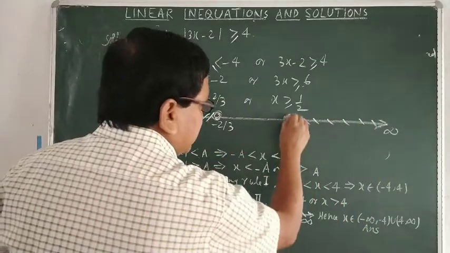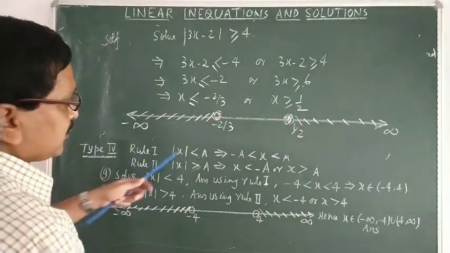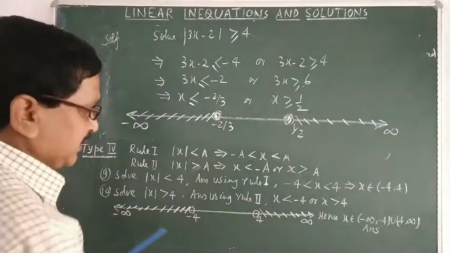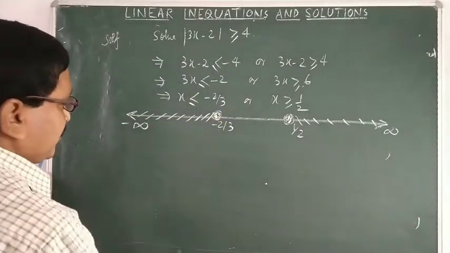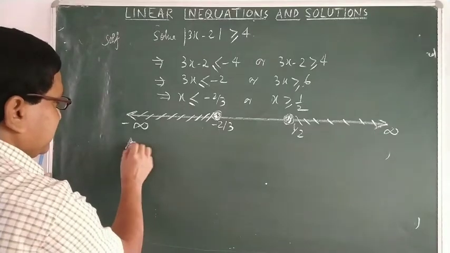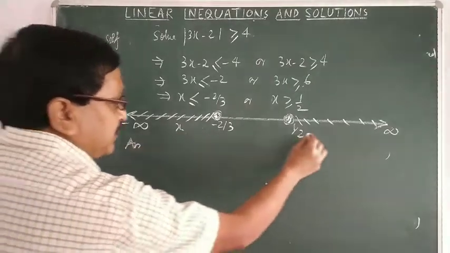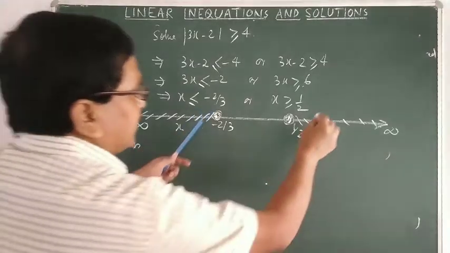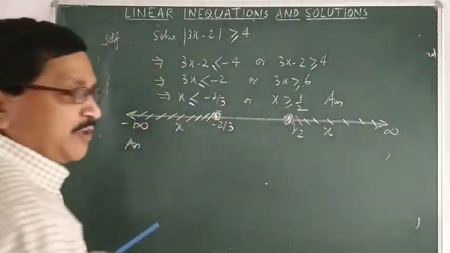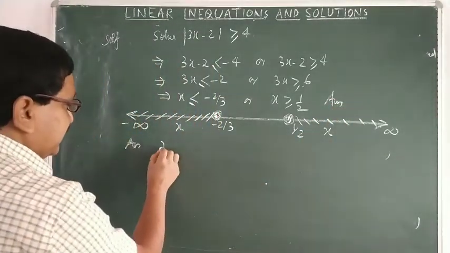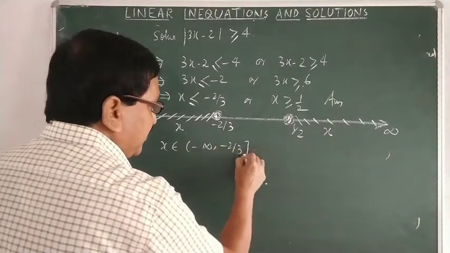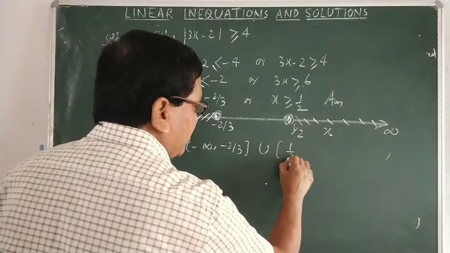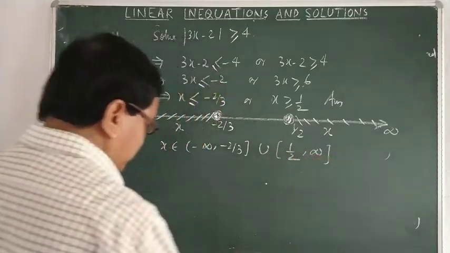Both are shaded due to the equal sign. So our aim is established. So the answer is, you can write x here. If you want to answer in this type, x belongs to minus infinity to minus 2 by 3 union 1 by 2 to infinity. So this is your answer.